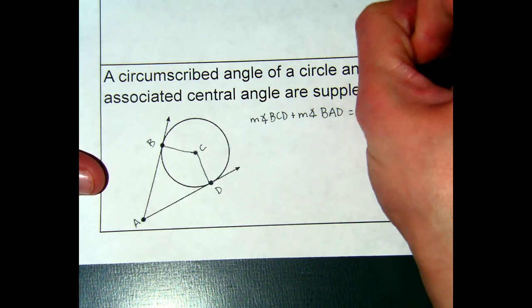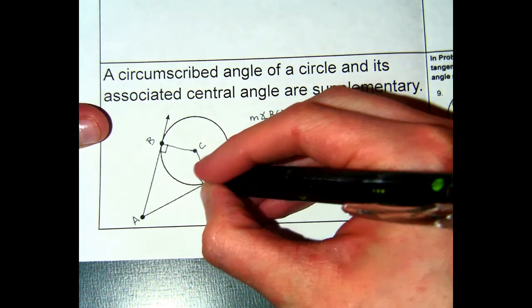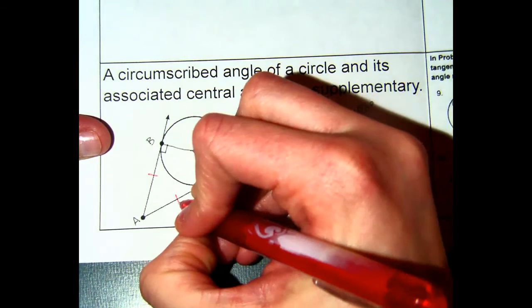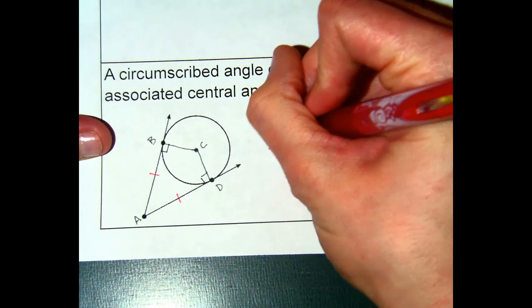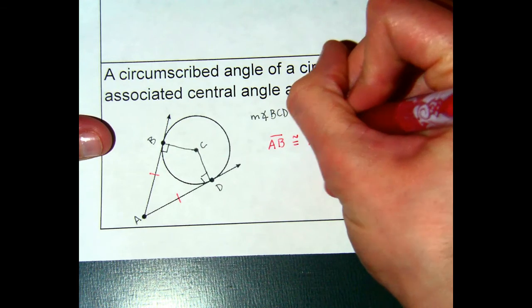That's what the theorem actually says. That helps, we know that these are 90 already because of the last theorem. Alright, but what else did we just figure out as well? Yeah, we just figured out that also AB is congruent to AD.